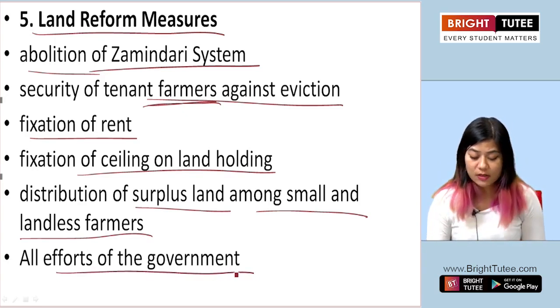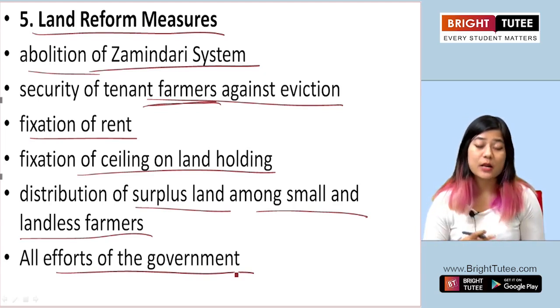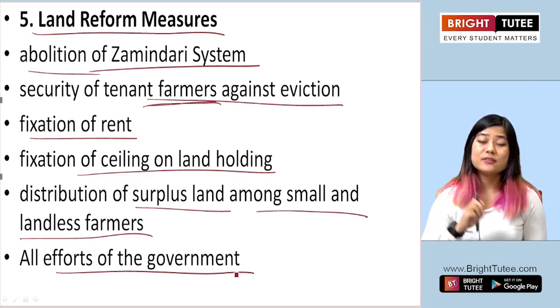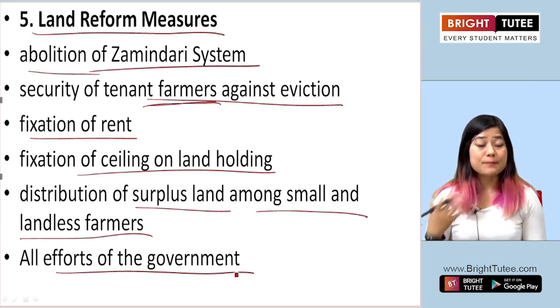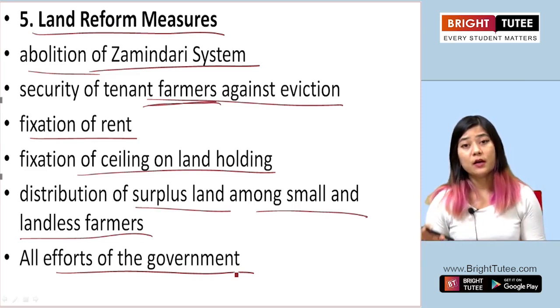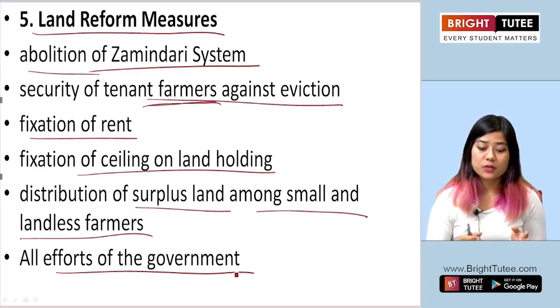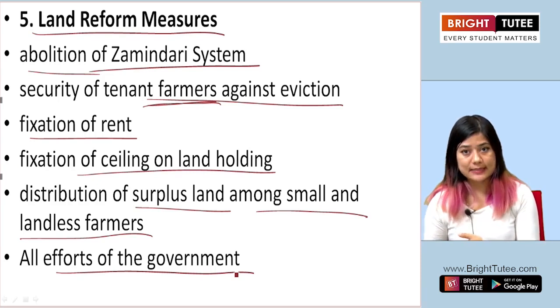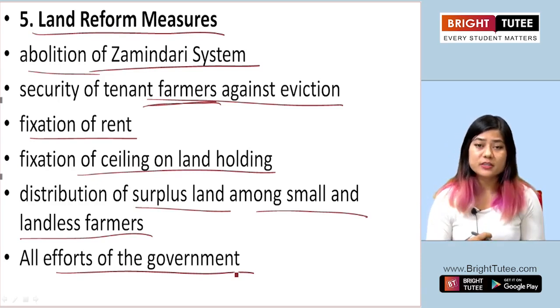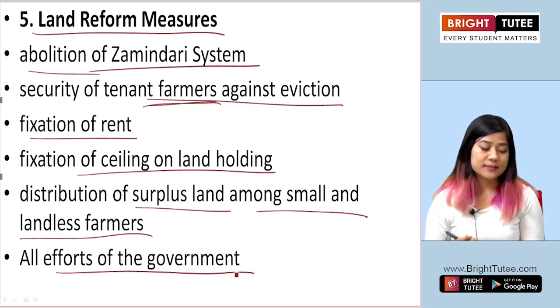So these are all efforts of the government. The government plays an active role in making sure that land reform measures are implemented and that they help in proper distribution and in providing proper support for the landless laborers and the weaker sections of the agricultural sector.